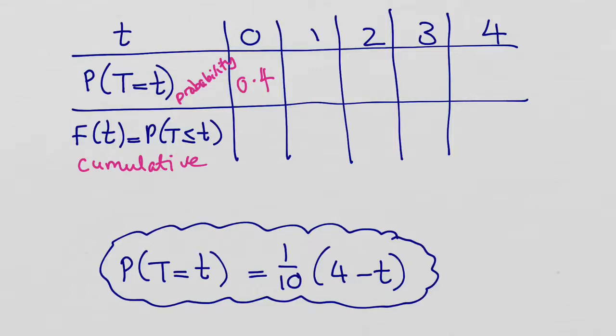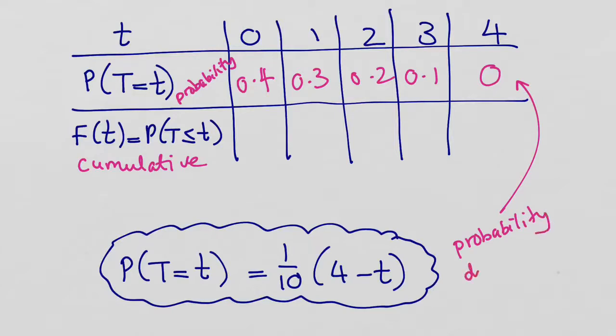I get 3/10. 4 take away 2, I get 2/10. 4 take away 3, I've got 1/10. I'm sensing a pattern here. And if I put 4 in, right, I get 0 here. And I'm just going to check that those add up to 1. 0.7, 0.9, yes, they do. Okay, so that at the top, if I was asked for the probability distribution of T, I've got it.